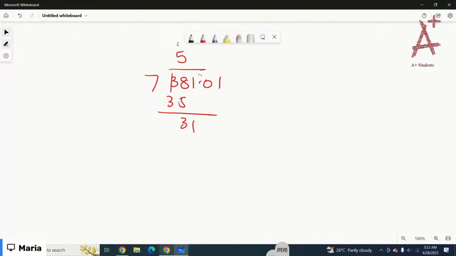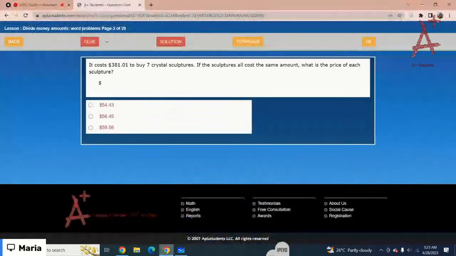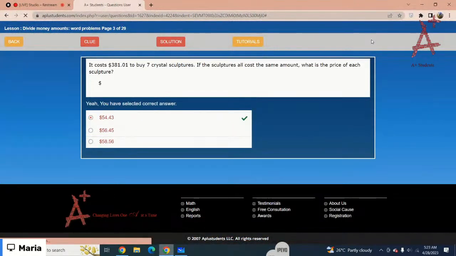So you can go for 7 times 4 is 28. Here you have 3. Now put a decimal point over here and bring 0 down. So again 7 times 4 is 28. Bring 1 down. So it would be 7 times 3 is 21. That means the cost of one sculpture is 54.43. Option number 1 is the correct option. Got it?